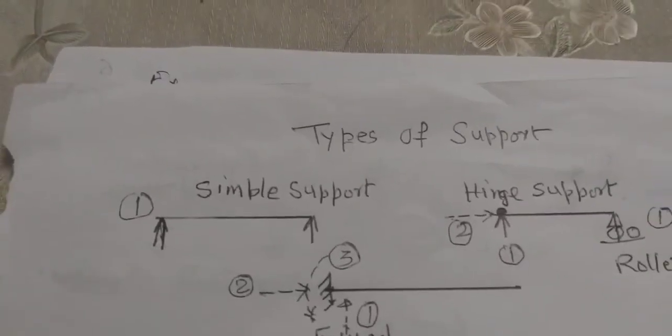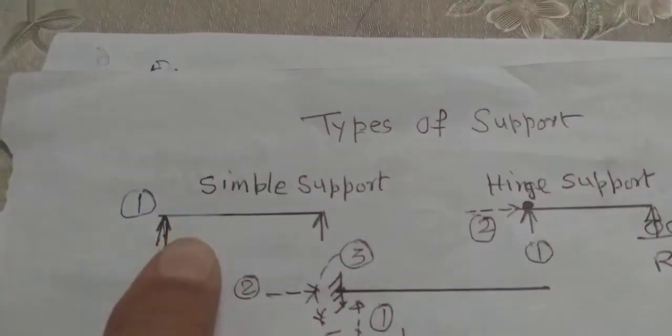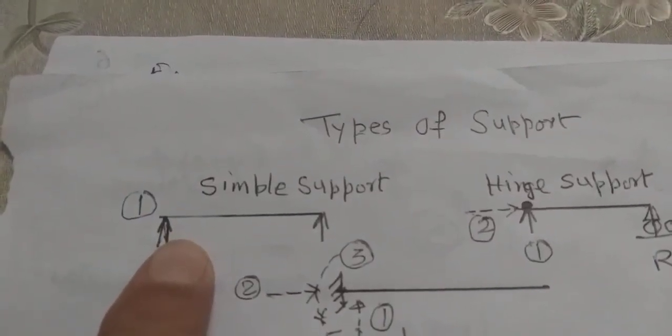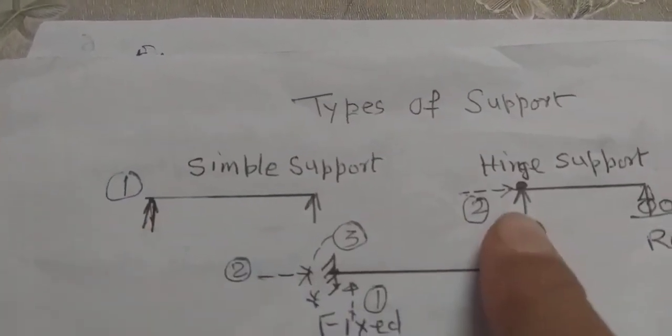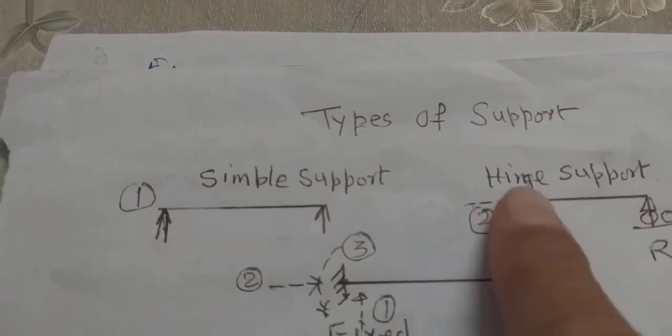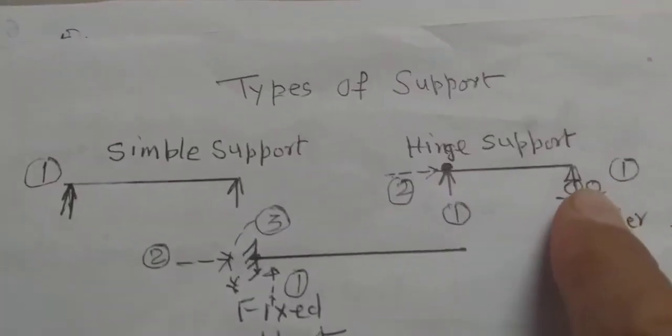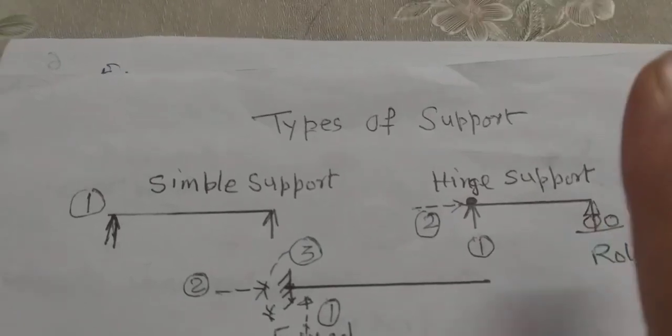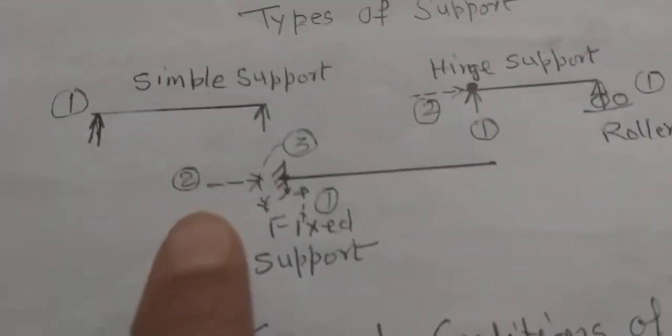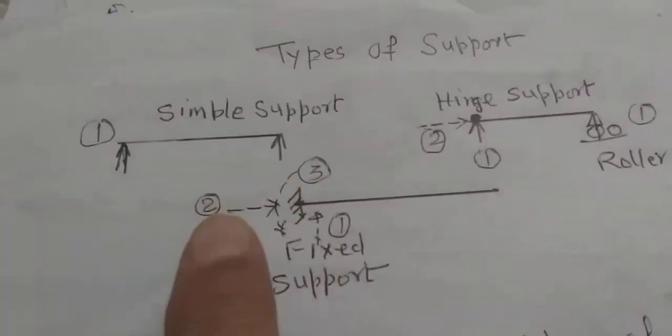I will repeat once again, summarizing: simple support, one reaction; hinge support, two reactions; then roller support, one reaction; fixed supports, three reactions.